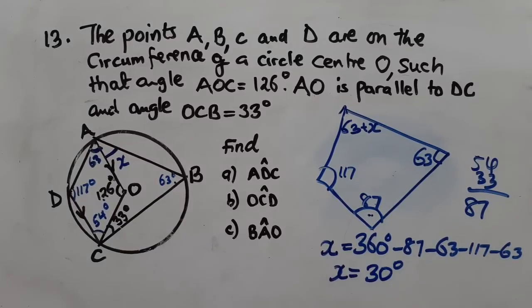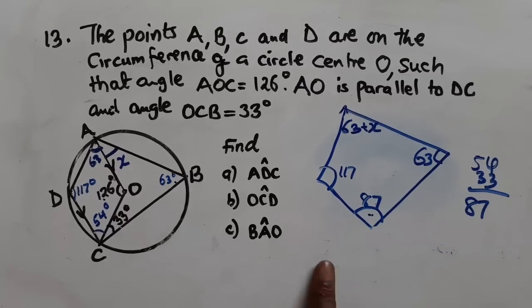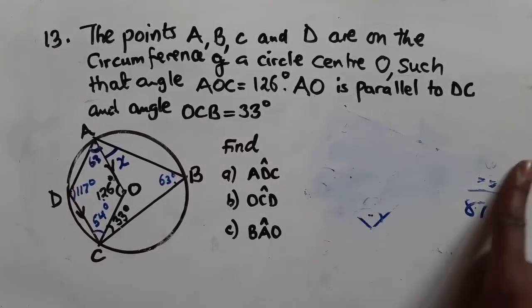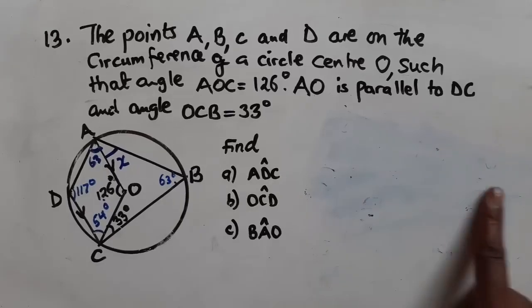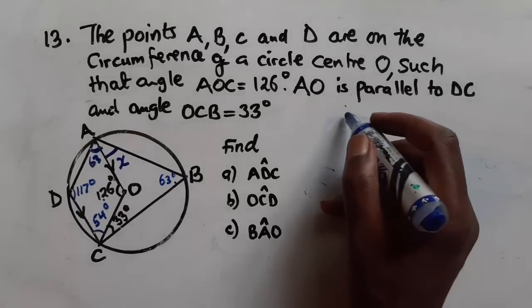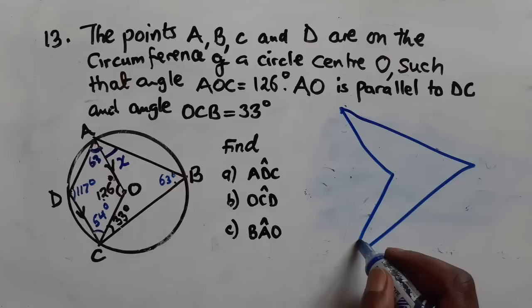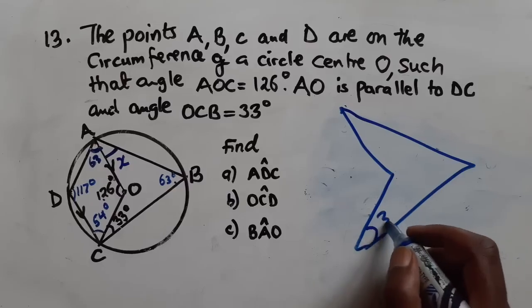This is one method that we can use. The other method that you can use also is this method here, where you get this thing like this. This is 33.